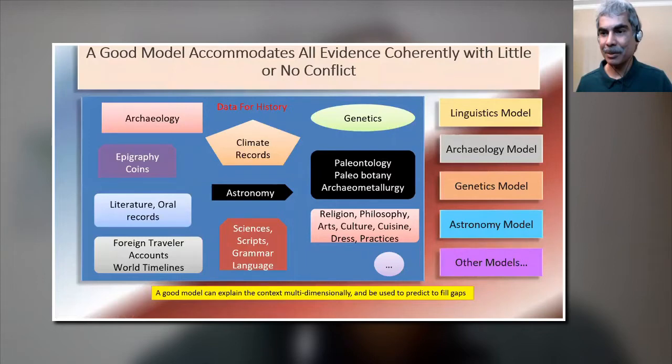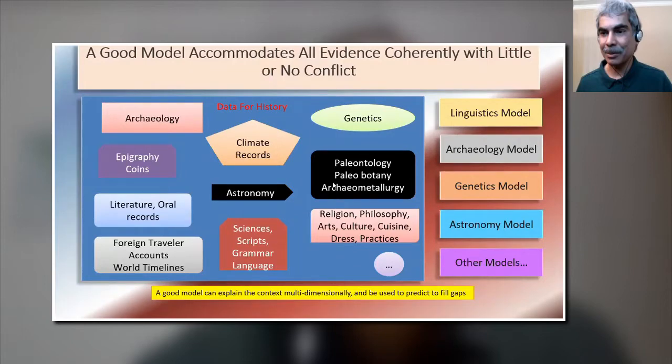And we are saying that a good model should explain the Indian history multidimensionally. And it should also be used to predict, to fill the gaps. We know that if you have a good model, and if some portions of the real world data are unavailable, you can use your model to predict. It should be able to do that. That's what a good model is.